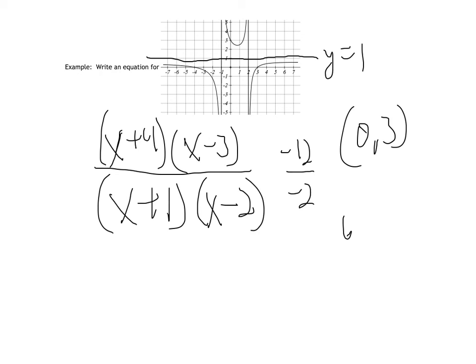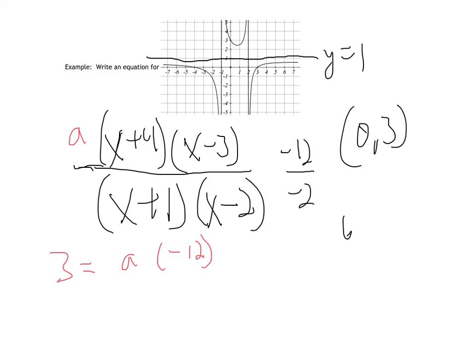So maybe what I should do is think about some kind of stretch factor. So I know that when x equals 0, y equals 3. So I can use that fact to come up with my stretch factor.